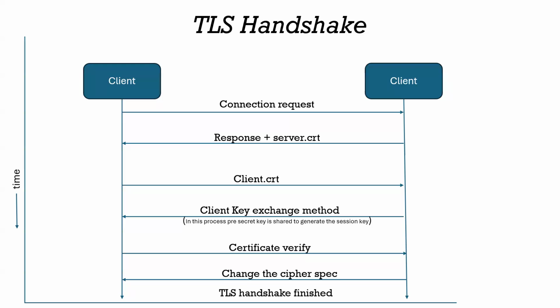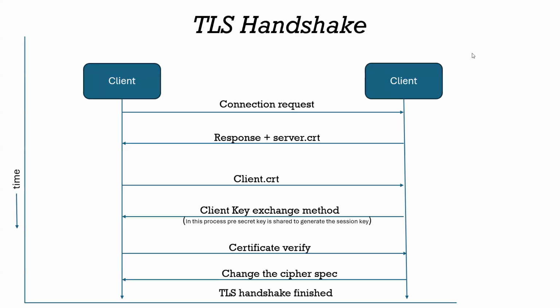The possibility is there that someone listening over the line can also get the server certificate, because this was visible. Till this time, the data was not secure. We will see in the coming steps how we make the data secure. That's why we have different steps to make sure the communication is between two reliable entities, so there are no intruders in between.